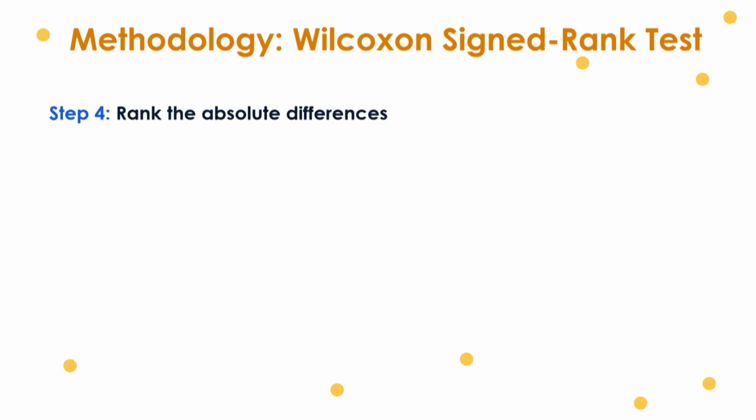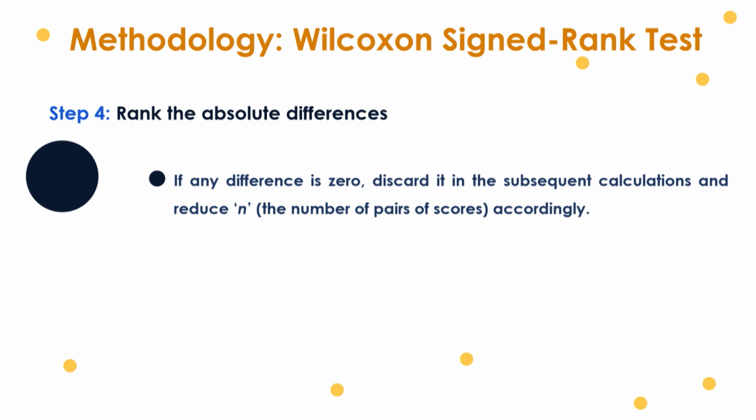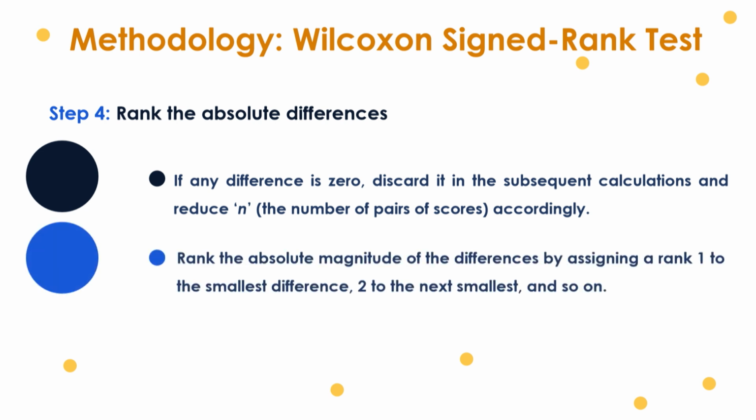For the differences calculated in step 3, take the absolute value and then rank them. If you come across a difference of 0, discard it in the subsequent calculation and reduce the sample size n, the number of pairs of scores, accordingly. Rank the absolute magnitude.